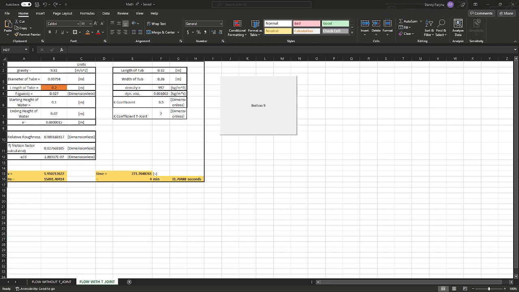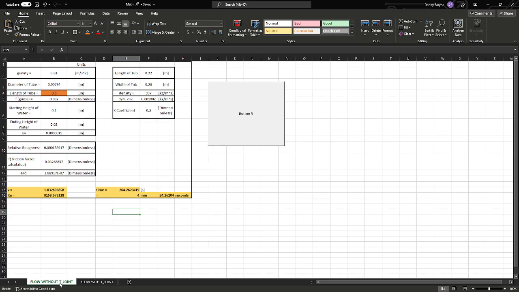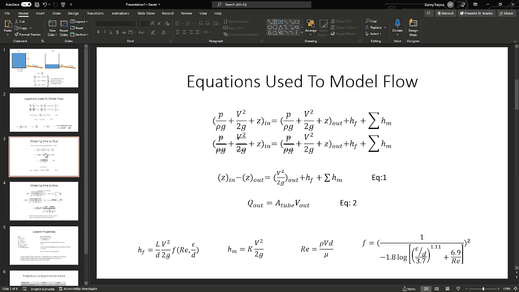We are using Excel to model our system. You can see it here on the sheet that we just have all our constants listed, as well as the length of the tube, which we can change, and our relative roughness we are calculating. The velocity we're calculating here is simply equation 3.